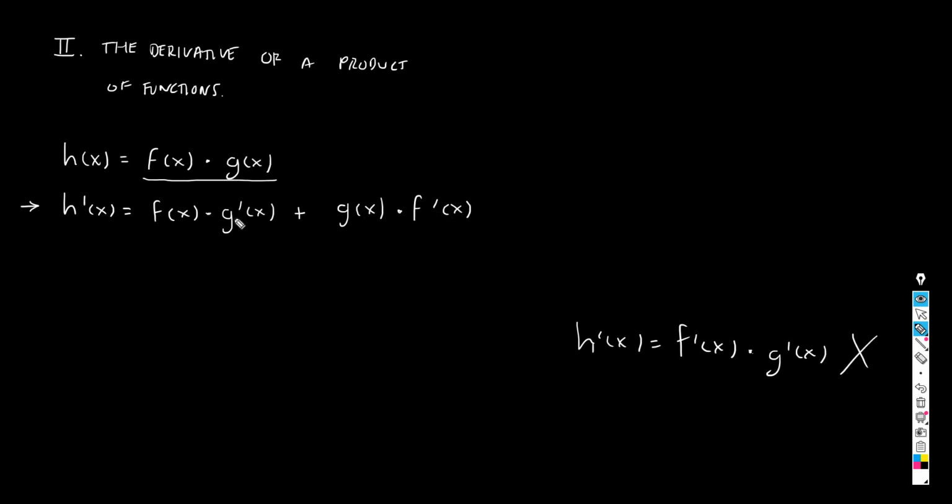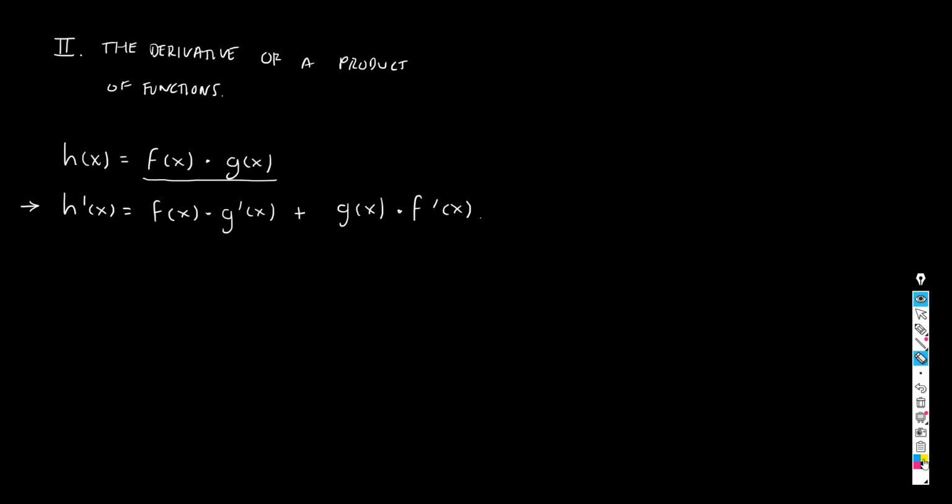You can just say that if you want. The first times the derivative of the second plus the second times the derivative of the first. That is enough. And you have to say that as many times as necessary in order for that information or that rule to be put into long-term memory. Okay, so that's how it works.